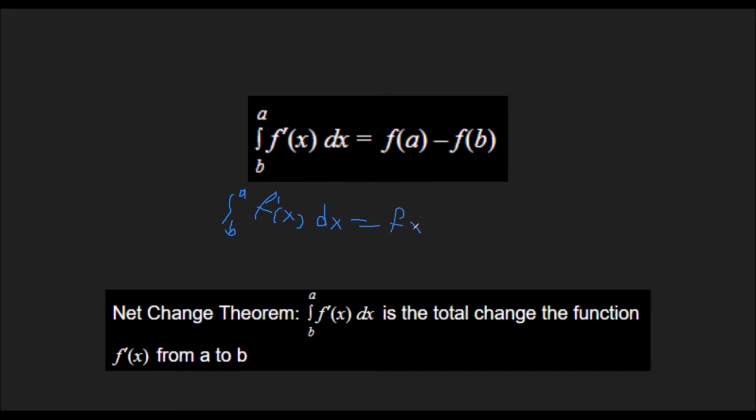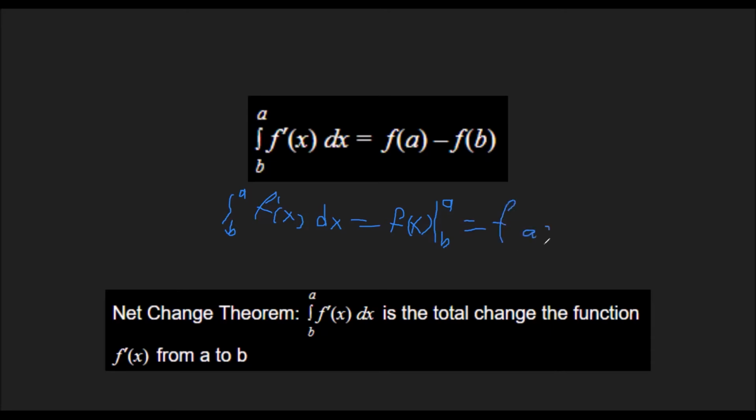The integral of f prime of x is f of x, so we're going to start with that. Now, you do not need to put plus c. If the area is bounded, you do not need that extra variable that represents a constant. But now that you've found f of x, you're going to want to find f of a minus f of b.